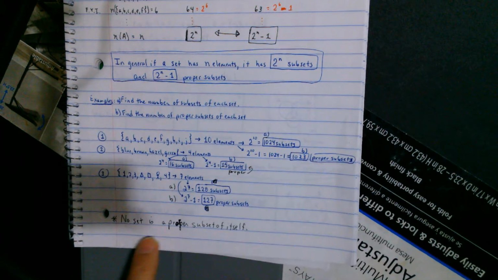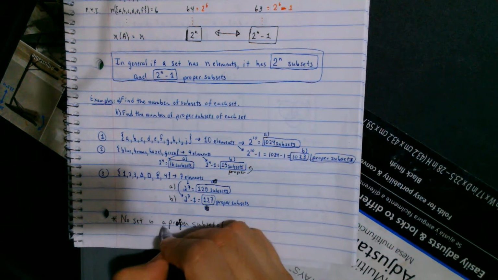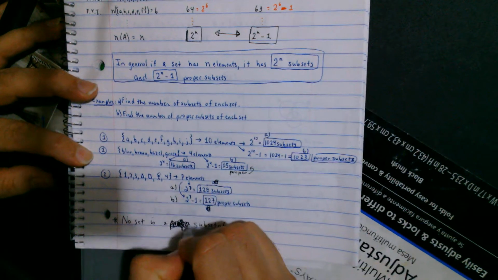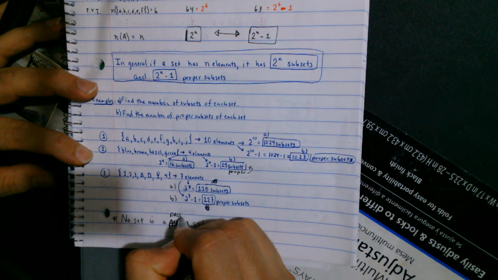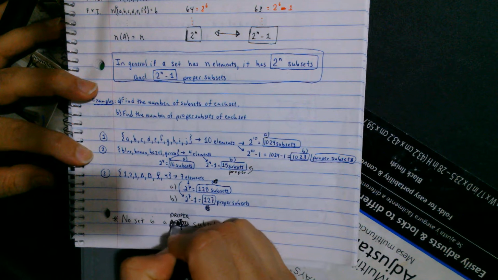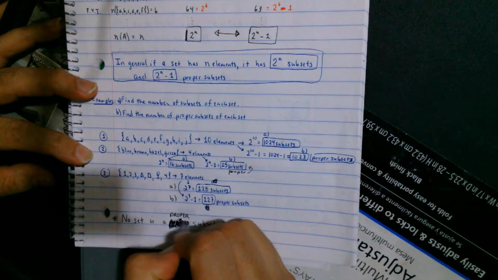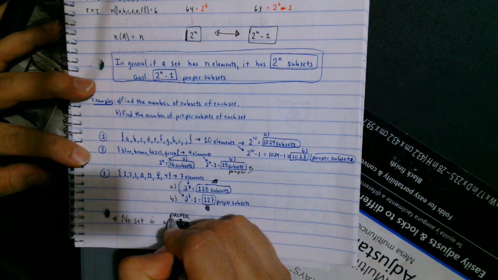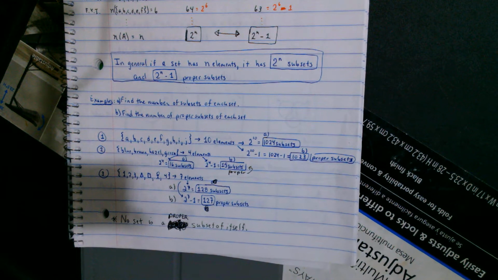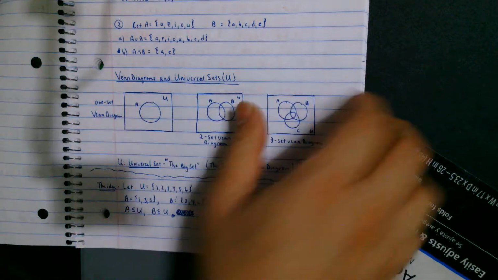However, every set is a subset of itself. So no set is a proper subset of itself, but every set is a subset of itself. It's not proper. Okay, so that essentially talks a little bit about set theory.